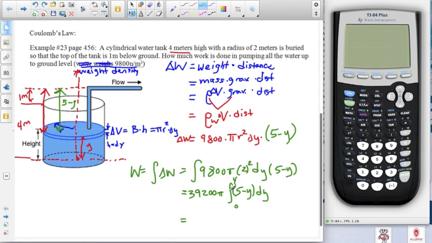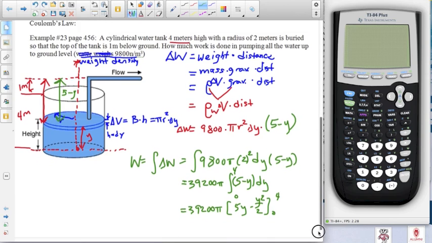If you notice, the integration becomes pretty simple at this point. And that's pretty typical of problems like this, when you have the variable function being the distance being lifted. You do end up with pretty simple integrals. So I'm going to go ahead and integrate this by hand. We have 5y minus y squared over 2, and that's from 0 to 4.